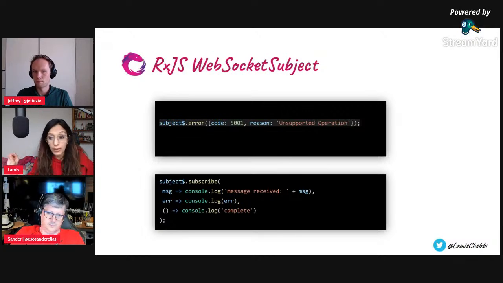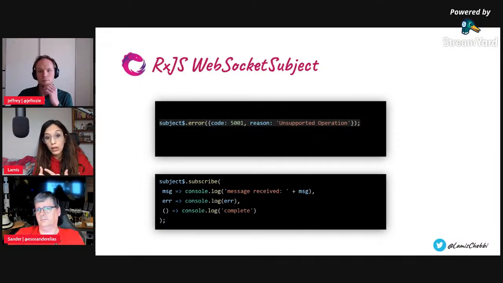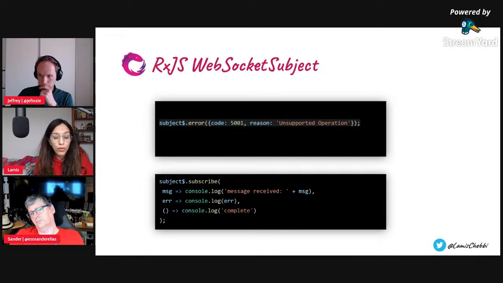You can even send an error with a full properties description, for instance, the code, the reason, etc. And in order to intercept the incoming errors from the server, you just register a callback, like we are used to doing. There's nothing specific to the RxJS WebSocket subject, it's the regular thing we do with an RxJS subject. Just register the error callback and you're done.